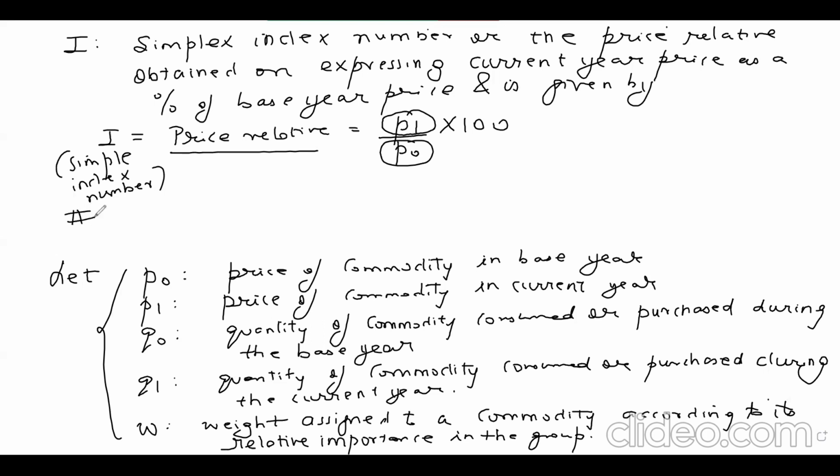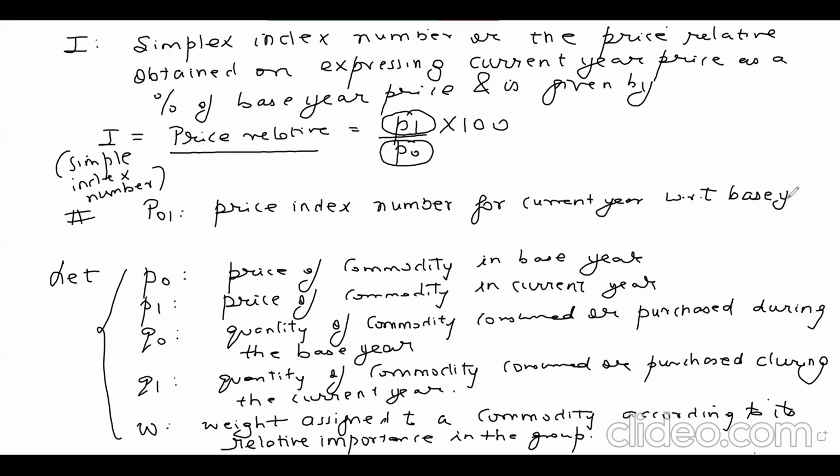Then what is P01? P01 denotes the price index number for the current year with respect to the base year. Remember, current year is denoted by 1, base year is denoted by 0.